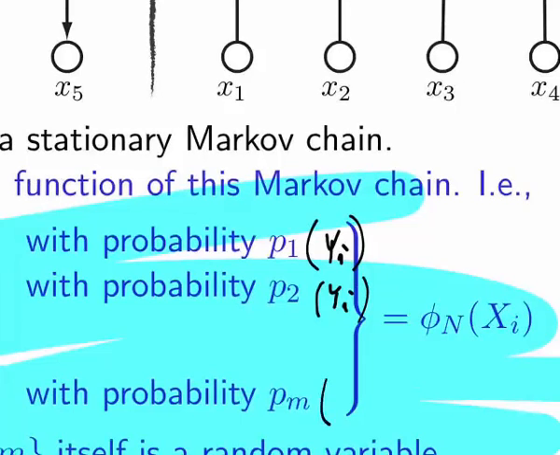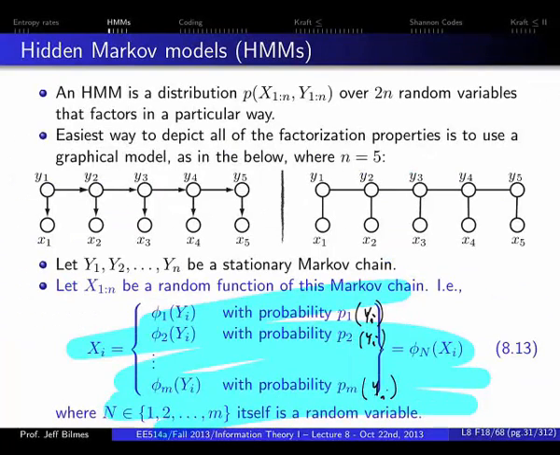The only thing that can't happen is this: once I know yi, nothing else in the Markov chain matters. Given yi, everything else is rendered conditionally independent. The other x's and the other y's for different times don't matter. So xi is conditionally independent of everything else given yi. That's the only thing that you can't do in a Markov model.